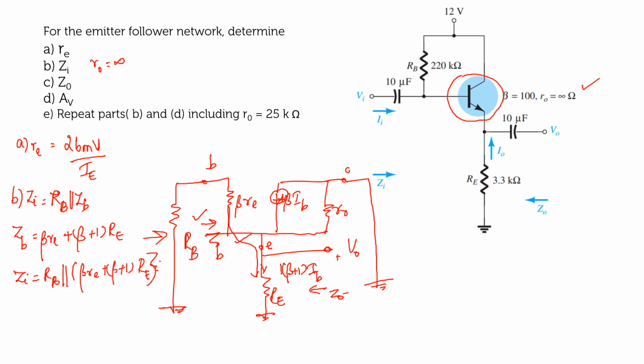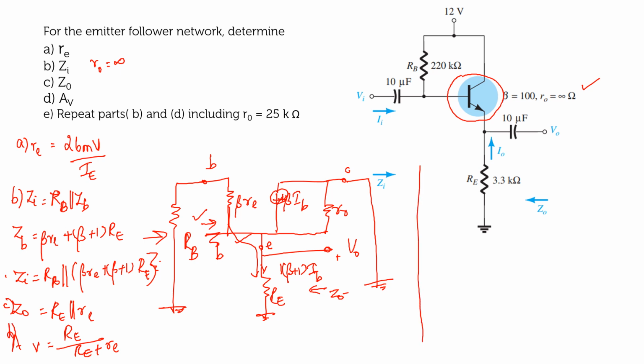Now what will be your Z0? Z0 will be equal to capital Re parallel to small re, and your AV will be equal to capital Re divided by capital Re plus small re. So these are your A part, B part, C part and D part.